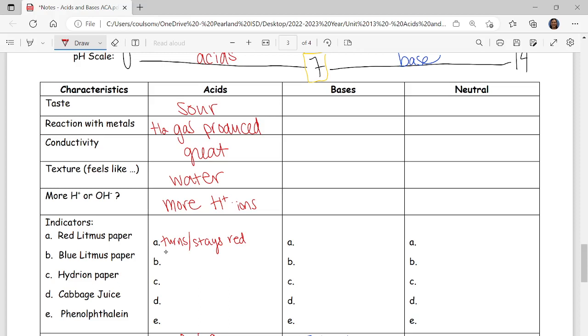Versus blue litmus paper will turn red in the presence of an acid, and that is more noticeable, that's more telling. So that's a better way to indicate that something is an acid. Letter C is Hydrion paper. This will indicate both ways, and this also turns red in the presence of an acid.